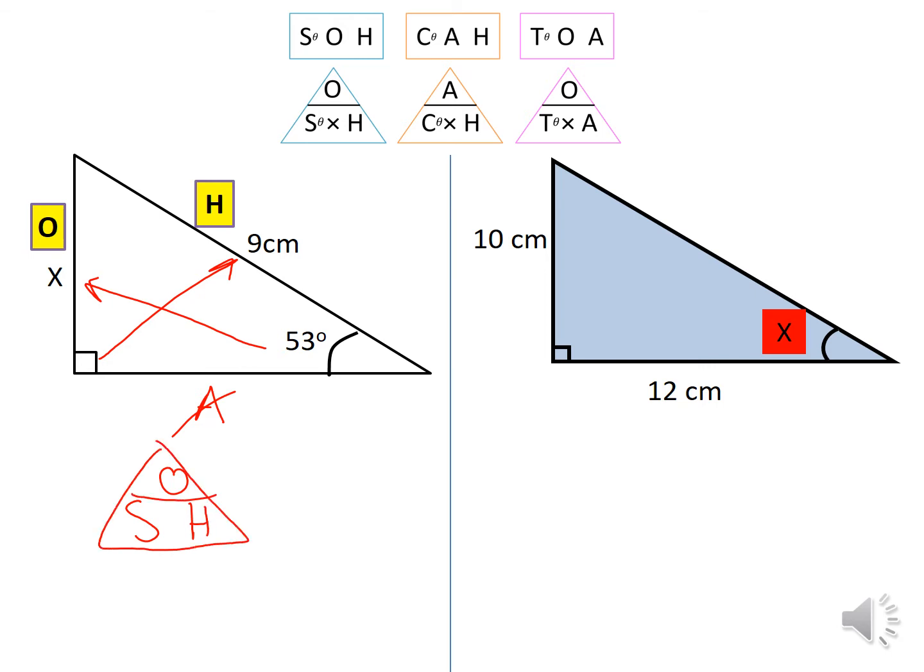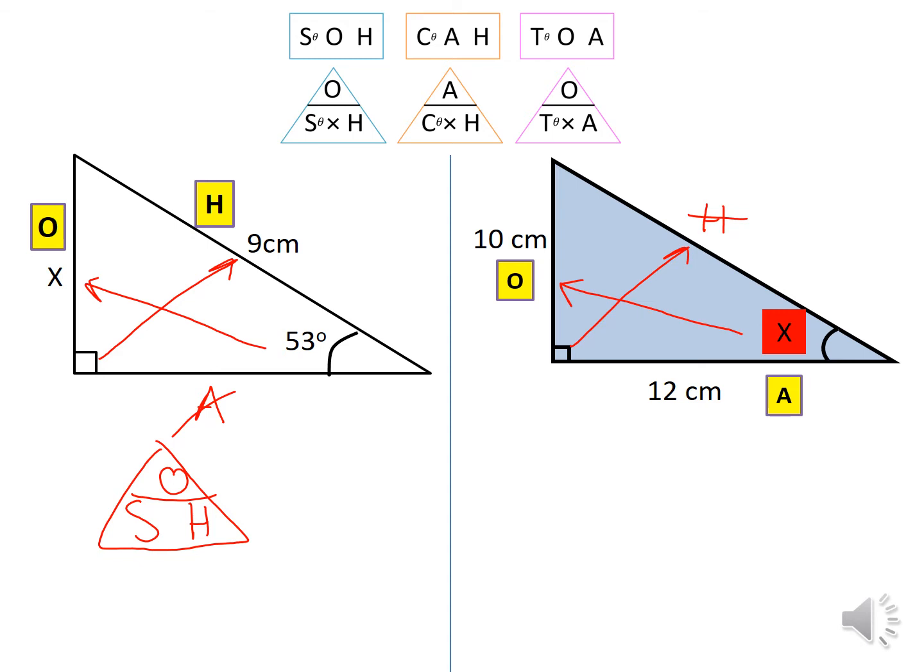Now for the next one on the right, again label it. So opposite the right angle is the hypotenuse, opposite my angle is the opposite, and we're left over with adjacent. The one that we don't use is the hypotenuse, because the hypotenuse doesn't have a missing length or a value.